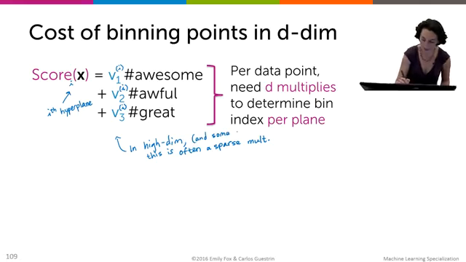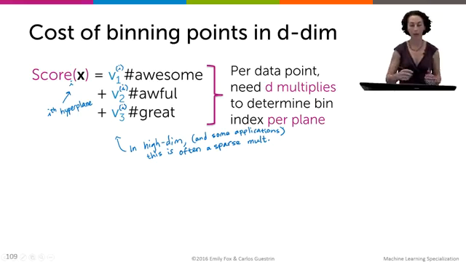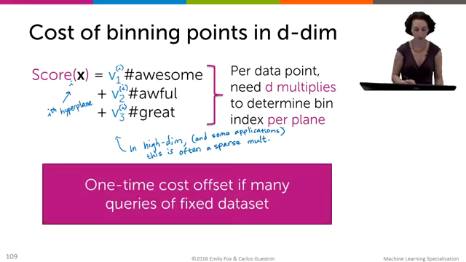Let me just write down some applications because this is not generically true, but we can think about this especially being true when we're thinking about the number of dimensions being the vocabulary and looking at documents and counts of how many times you see words in that vocabulary. Out of all possible words in the vocabulary, we often see only a few of those words in any given document. So even though generically we're saying we're doing d different multiplies per hyperplane, in practice we often would only need to compute a smaller subset of those multiplications.